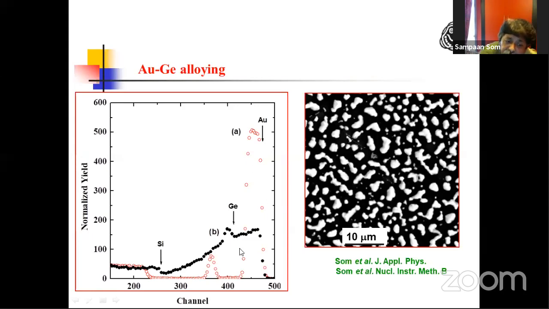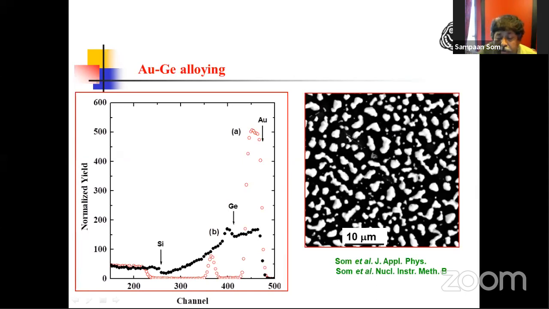So had silicon been only the substrate, and there would be no films, then the silicon signal would appear with no such gold or germanium signal, and then this red curve would have extended up to this silicon arrow position, and it would have started. And before that, towards the higher channel positions up to 500, nothing would have been seen. So in that case, silicon would be at the surface.